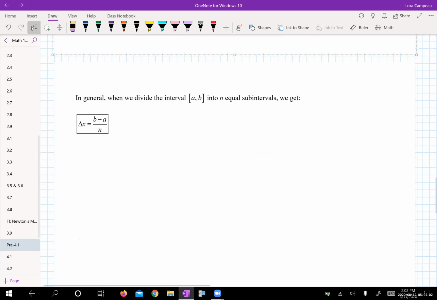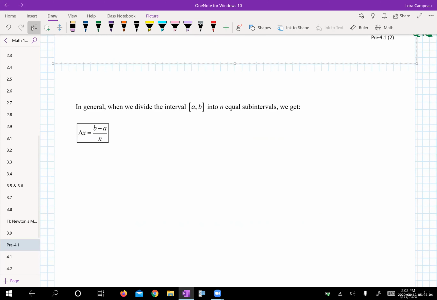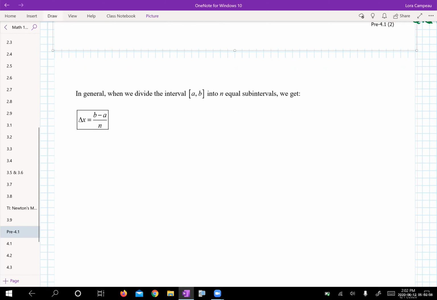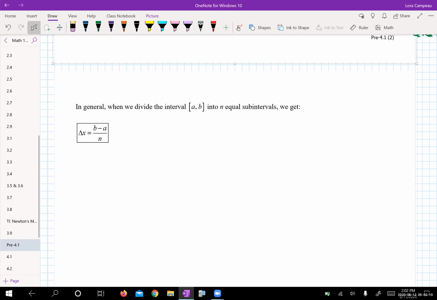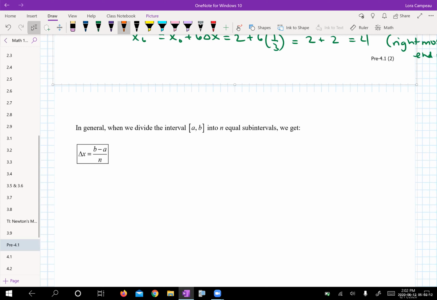So I'll demonstrate this just in case, but if you want to draw a line really quick, I'll just go freehand, the best that I can. And if you know that your leftmost endpoint's A, your rightmost endpoint's B, well, you have your delta x.